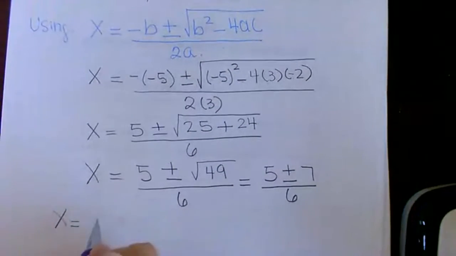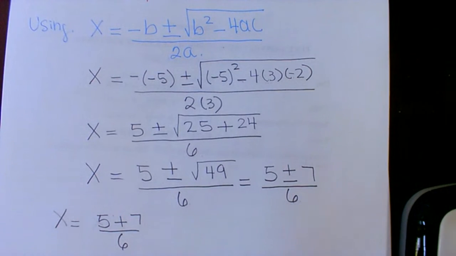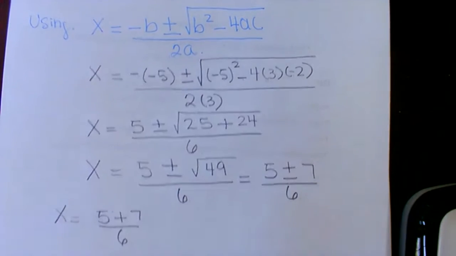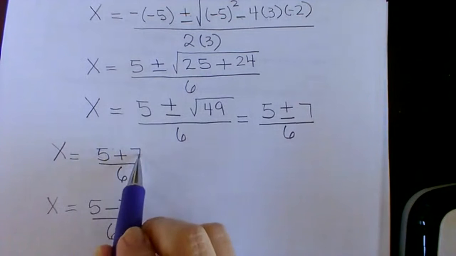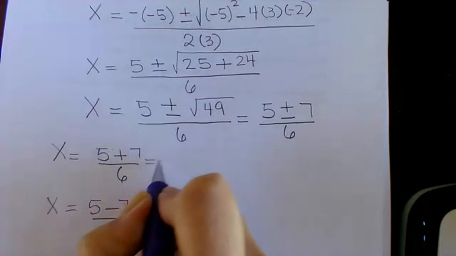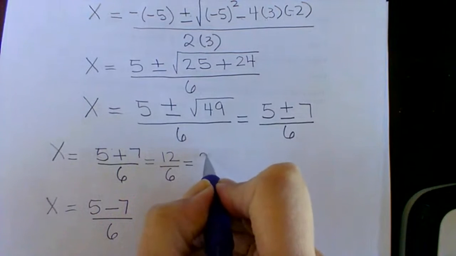One answer is going to be 5 plus 7 divided by 6, and the other answer is going to be 5 minus 7 divided by 6. 5 plus 7 is 12 over 6, which is 2.